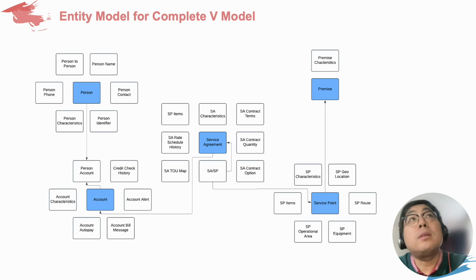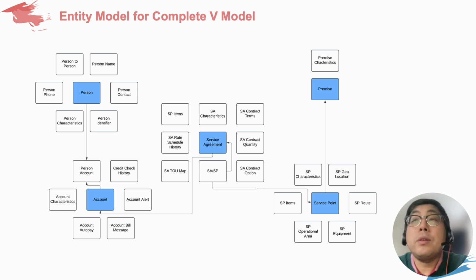Normally, items are something we need to store against the service point, but they don't necessarily have consumption based on them. For example, if you have a lamppost, that is an item that needs to be captured for asset management purposes. They have SP route, SP equipment, and operational area.